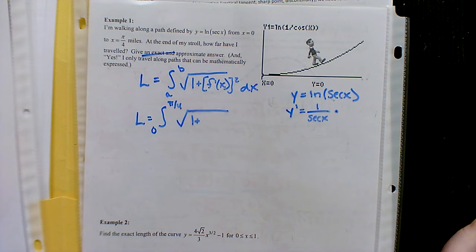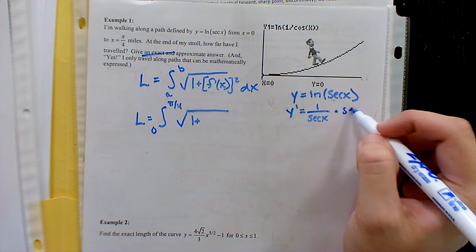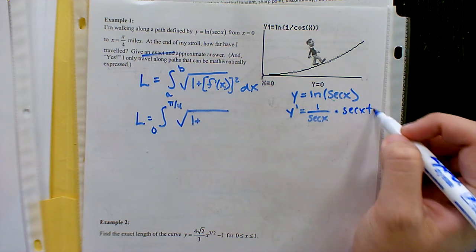Do you remember the derivative of secant? It's not cosecant either. You've got to use the other reciprocals. It's secant tangent.